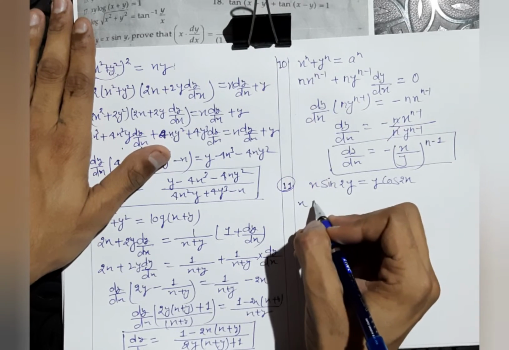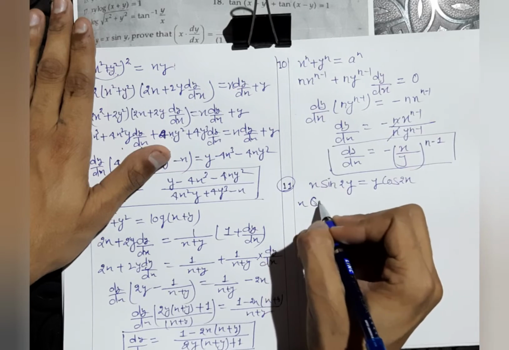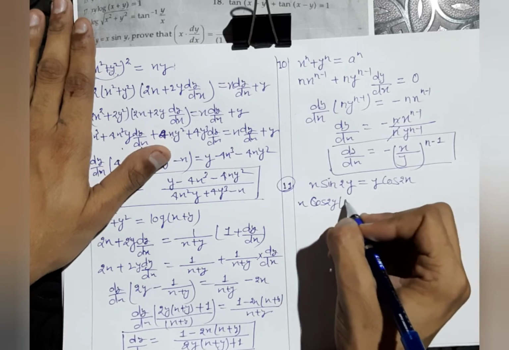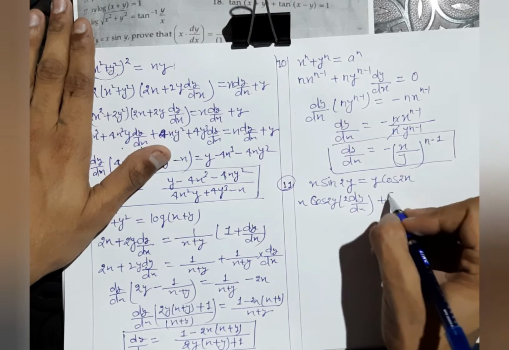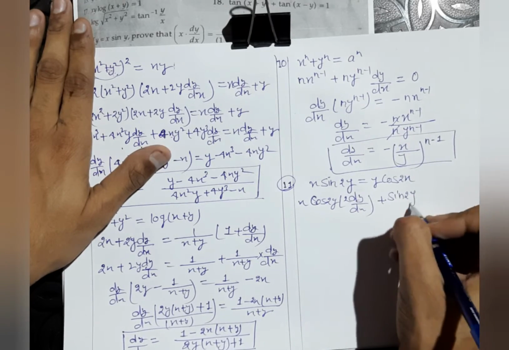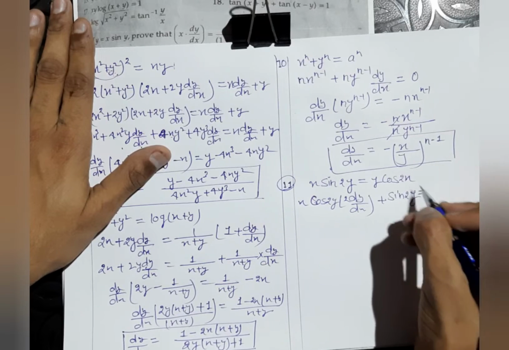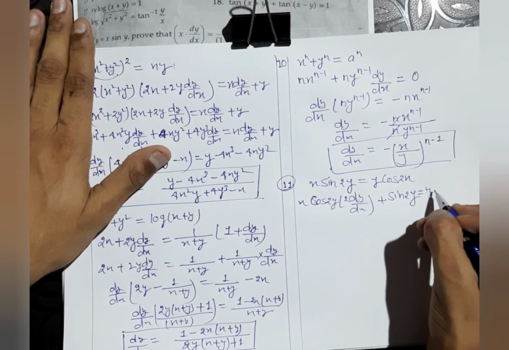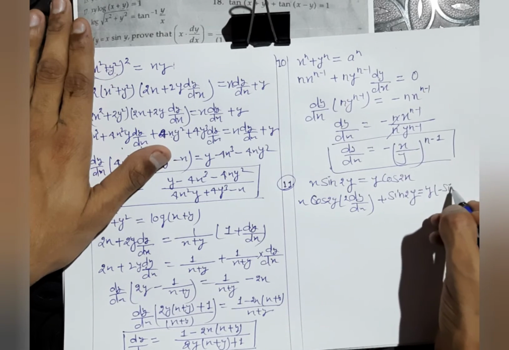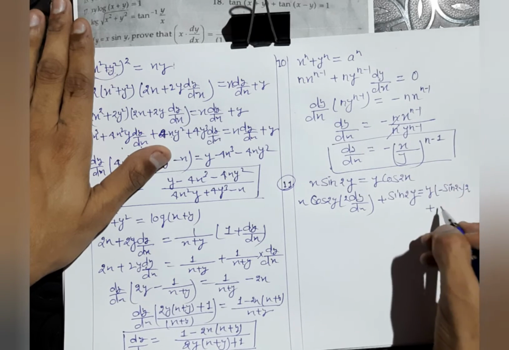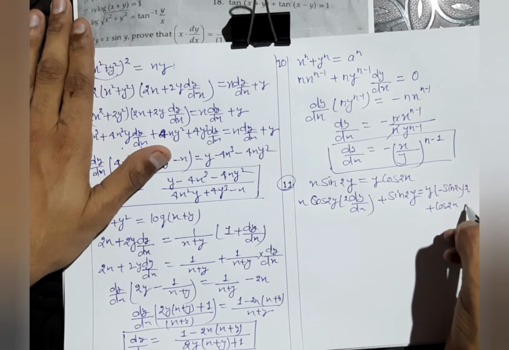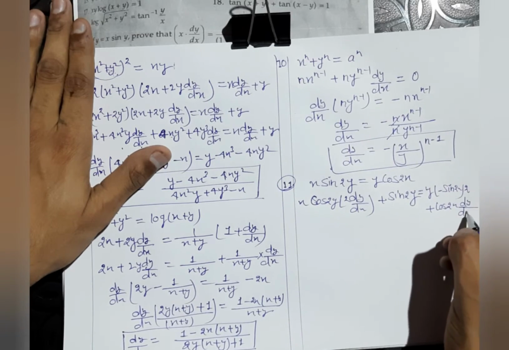So x is same, sin 2y gives me cos 2y, and 2y gives me 2 dy over dx. Now sin 2y is same and x is 1, equals, now y is same, cos 2x gives me minus sin 2x, and 2x gives me 2. Now cos 2x is same and y is dy over dx.